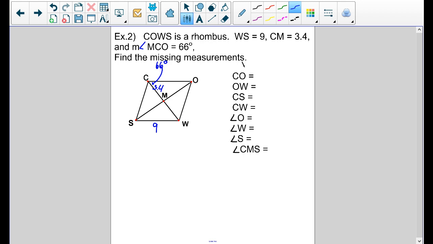What makes a rhombus? 4 congruent sides. So these sides, because it's a rhombus, I know all sides are congruent. So 9, 9, and 9, right? So CO is 9, OW is 9, and CS is 9. All sides, right?